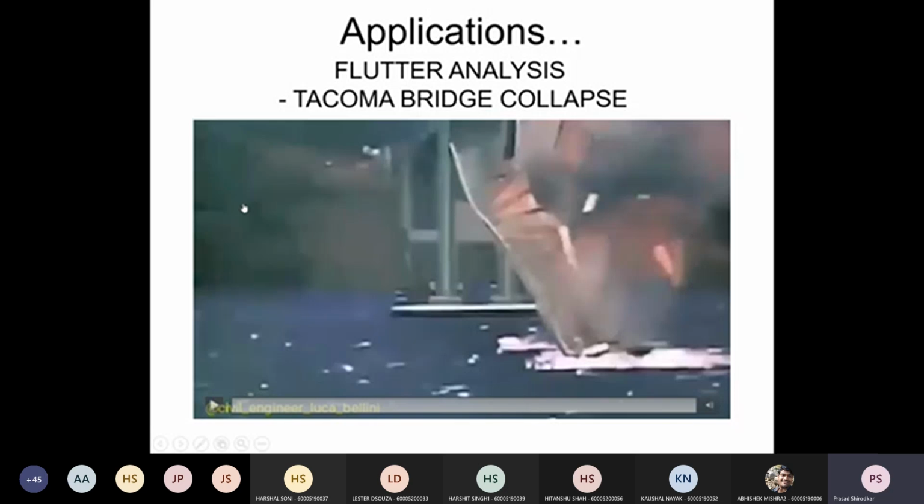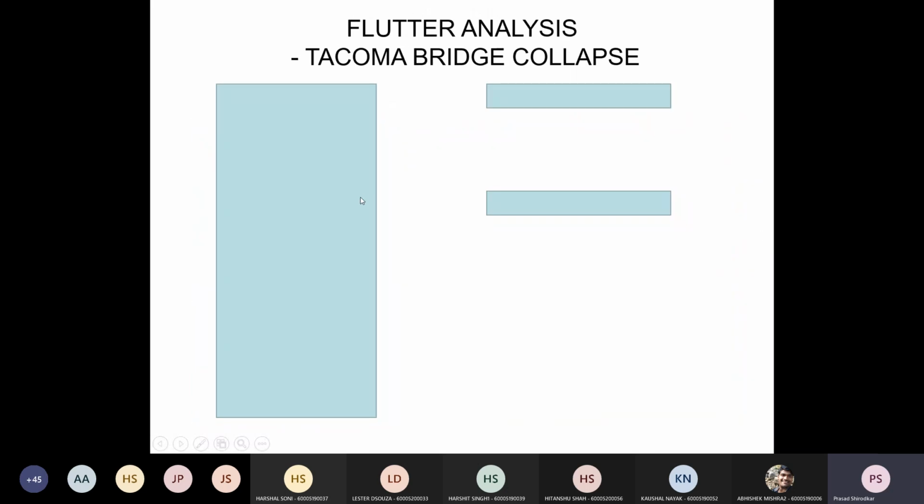So what happened here? This is just a rough model of the bridge. You can assume it to be a rectangular cross section, and this cross section was subjected simultaneously to two types of vibration, translational vibration plus rotational vibration. The total vibration was some vector addition of these two, and when you plot these vibrations, you can get some kind of sinusoidal wave.